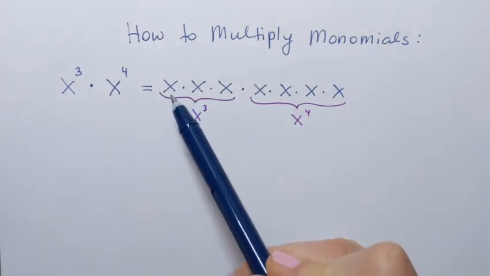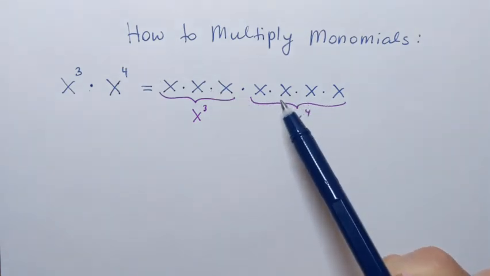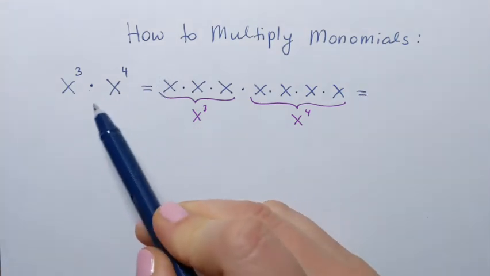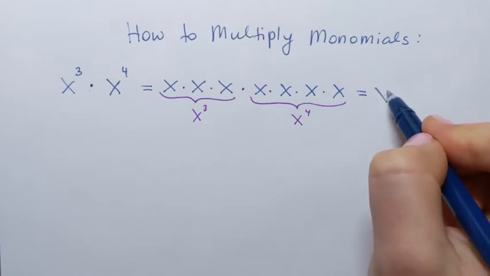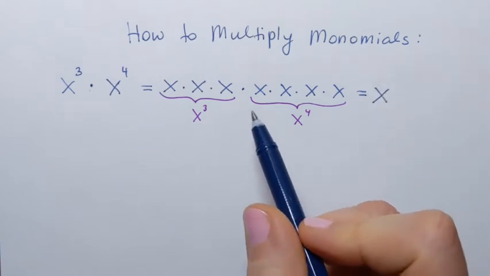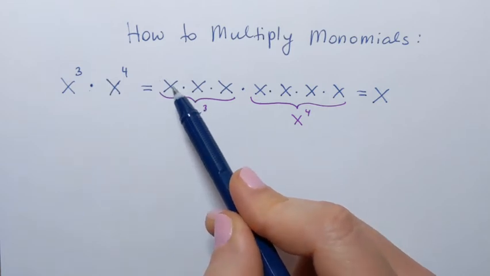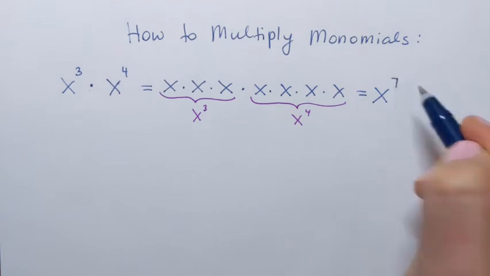So can I write this long line of x's being multiplied by each other using short notation? Yes, I can write that using exponential notation, using an exponent, right? So I have x's being multiplied by each other, so that's x raised to what power? Well, the power that's the same as how many x's I have here. 1, 2, 3, 4, 5, 6, 7. So it's x to the seventh power.